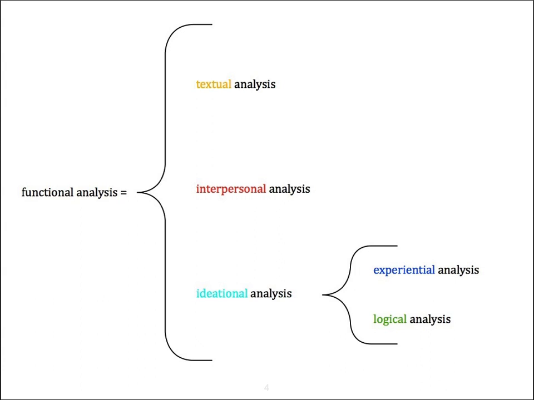So functional analysis of any text, of any discourse in lexicogrammatical terms means a textual analysis, an interpersonal analysis, an ideational analysis. And as I've already hinted at, that then splits into experiential analysis within the clause and logical analysis, looking at how clauses are linked together into chains or series of clauses.